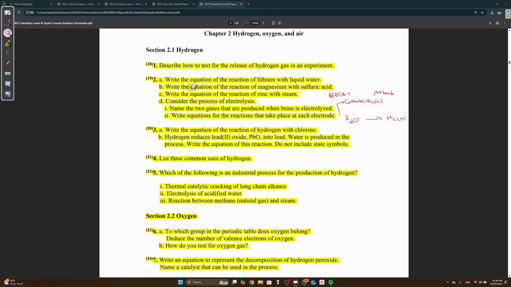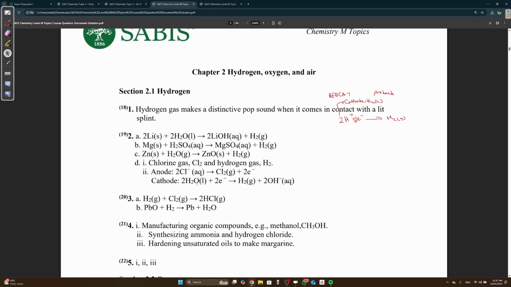How does this work? Now you don't write it as H2O, you write it as H plus, because there were hydrogen ions in the water. It's going to gain electrons. You have two H's here, so you have to put 2 here, which means I should also put 2 electrons. So it should look something like this, but I don't know what the answer is. Let me see. Yeah, they don't write it as H plus, they write it as H2O.